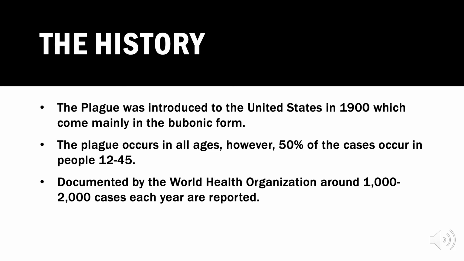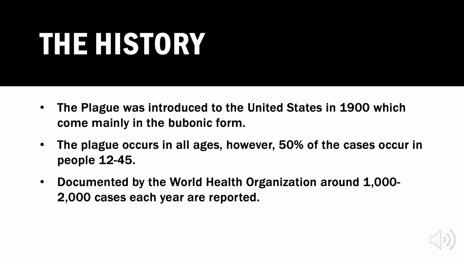So the history behind it, it was introduced in the US in 1900. Like everything, it had to originate somewhere and then was transferred and moved all around the world, basically. The plague specifically affects all ages.